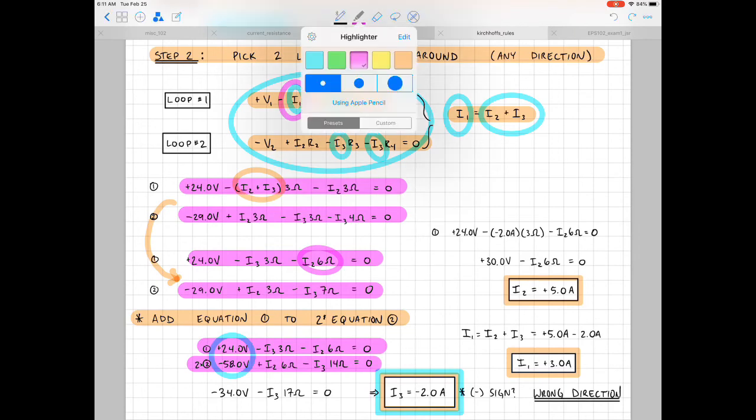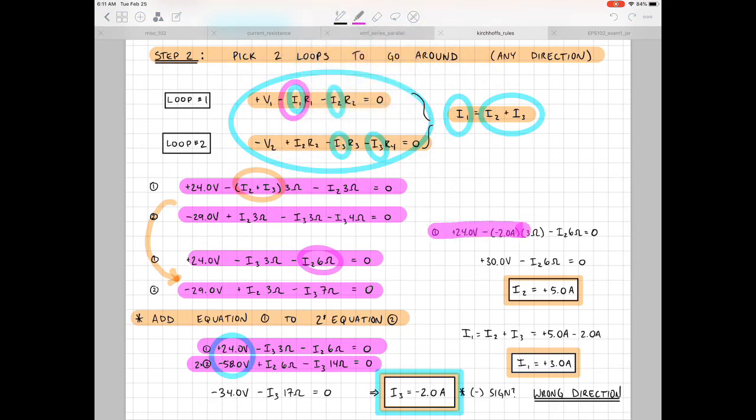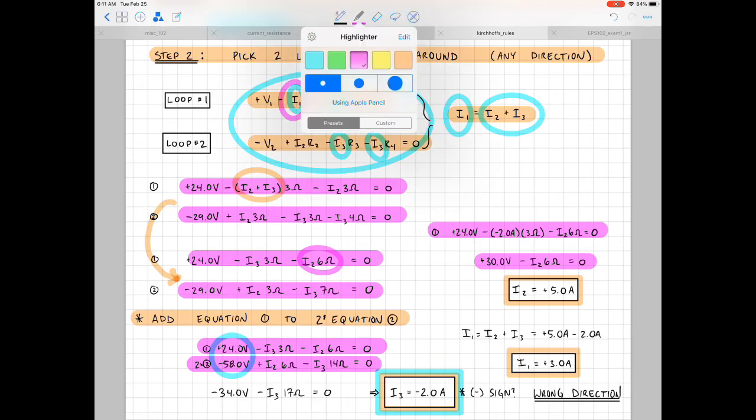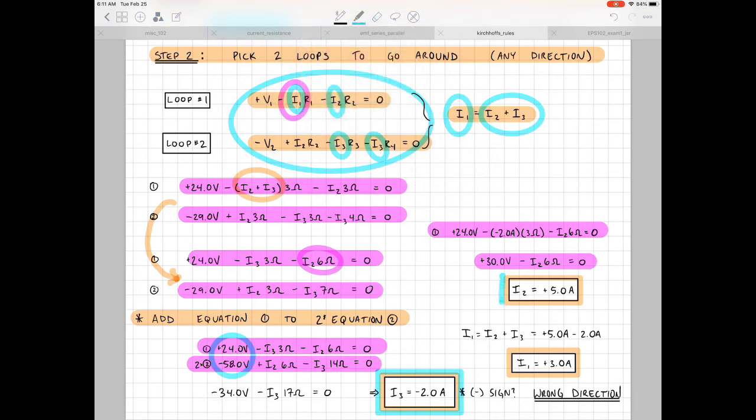Now we just go back to our expressions. I1 relates I2 and I3, so I'm going to plug in my minus 2 amps into my expression. You can see I've done that right here. And then just complete the algebraic steps, and I get that I2 has to be 5 amps.